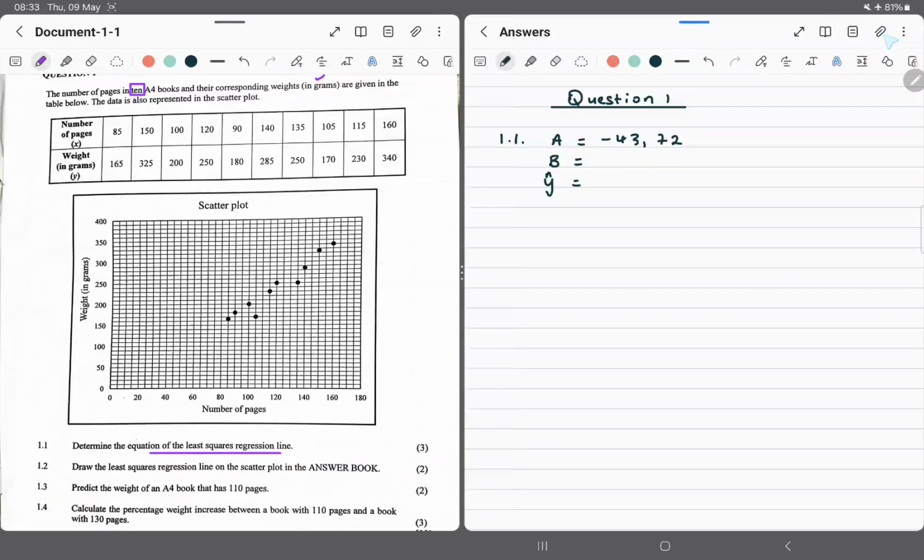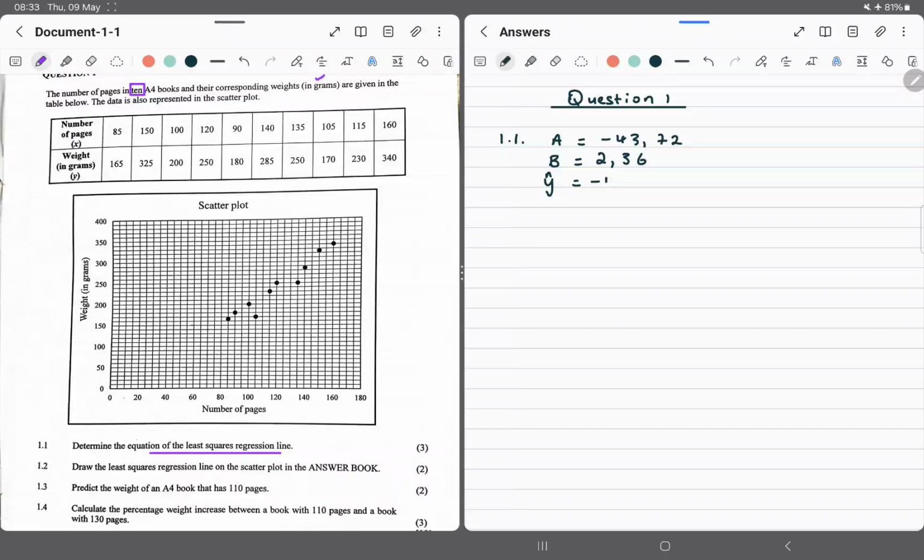All right, so we go again, shift, stat, and then regression, we choose B this time. What do I get? Getting 2.36. Can you see it's already a positive gradient?